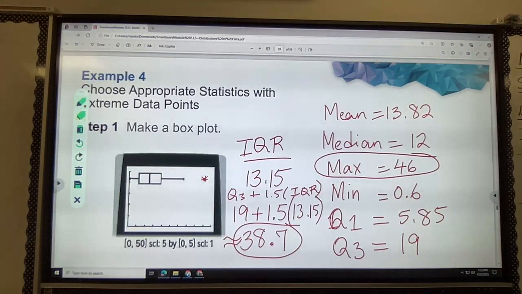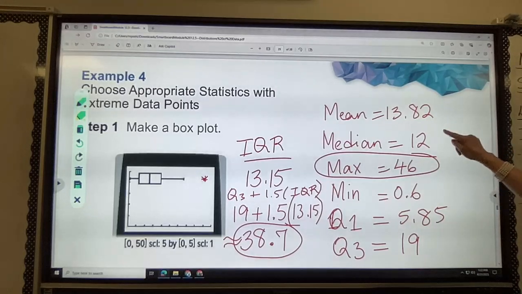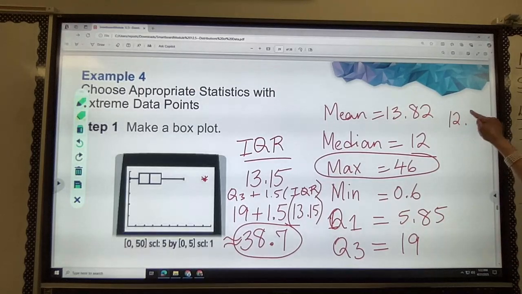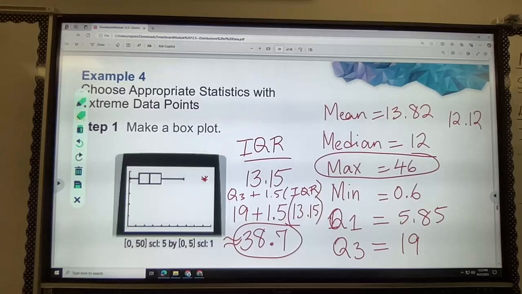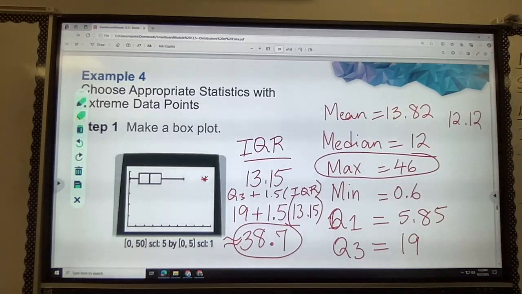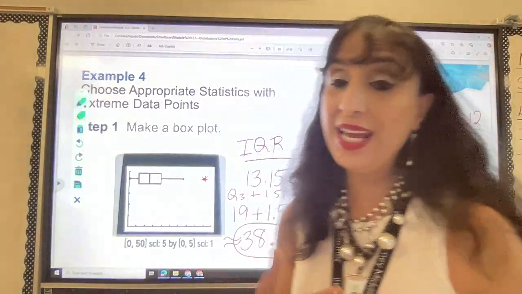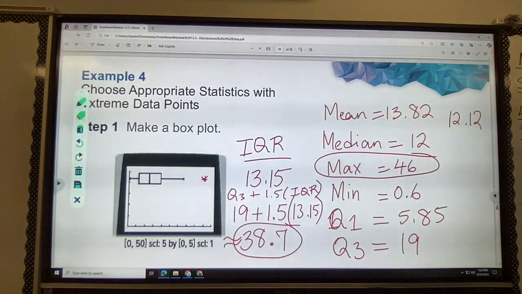If I remove the outlier, I end up with the mean without the outlier as 12.12. So look, that becomes much closer. The median did not change, but of course the mean is going to be affected. So once again, median is not affected by an outlier, but the mean is. It came down from 13.82 to 12.12.